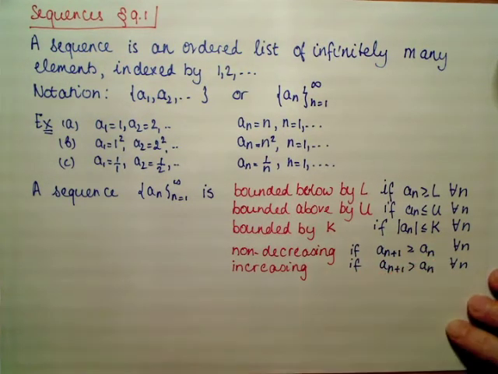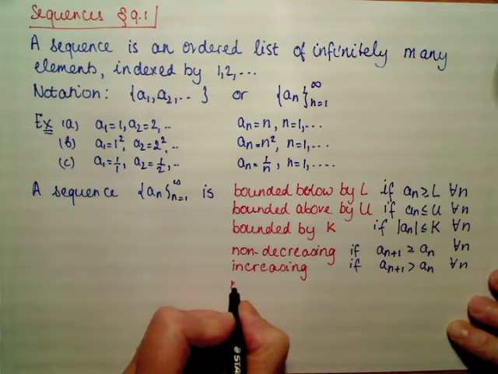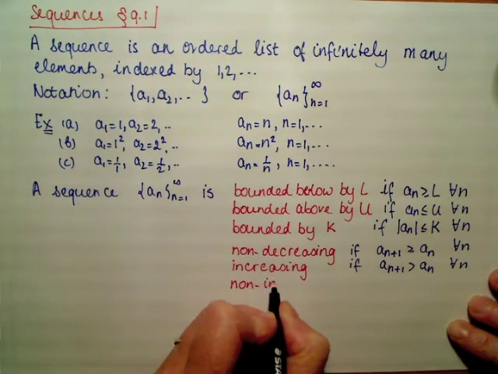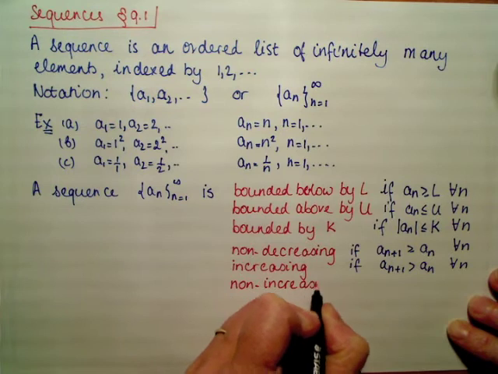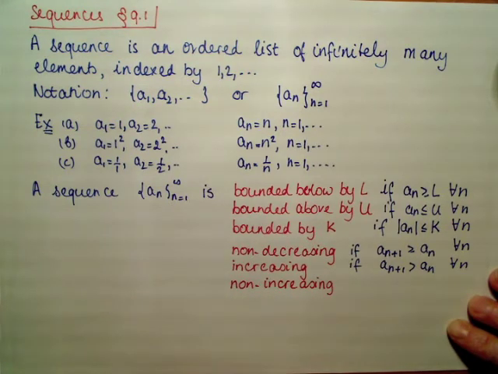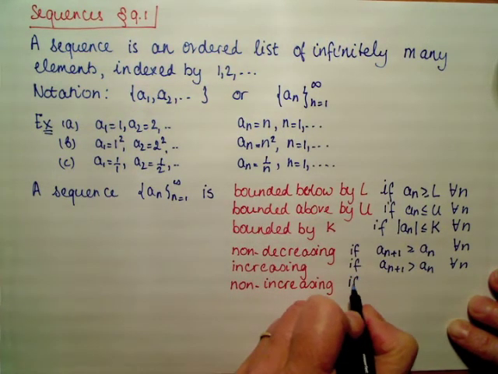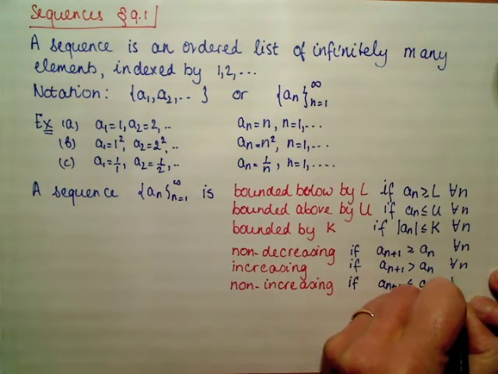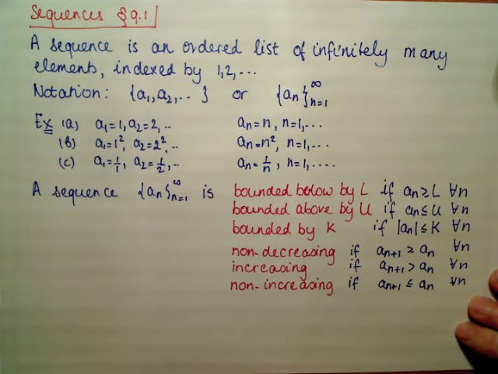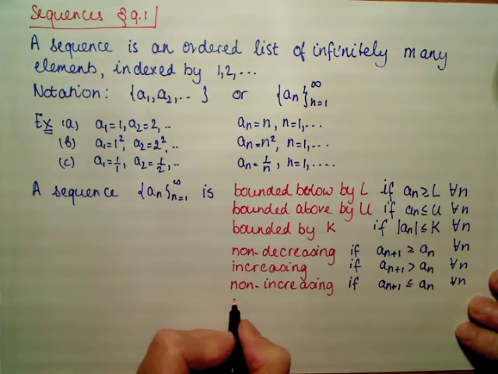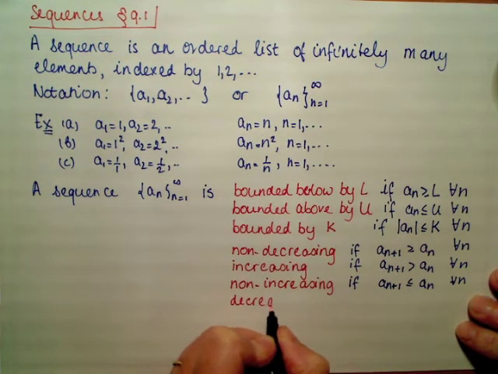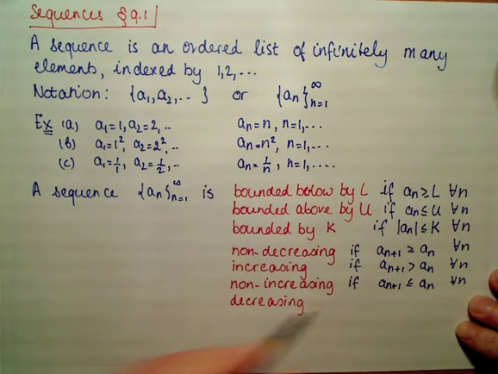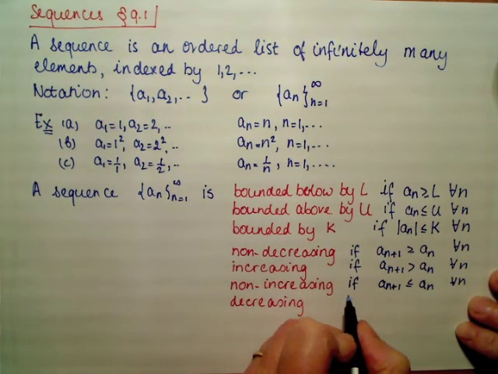It is non-increasing if every subsequent element from the sequence is not larger than the previous one. And it is decreasing if every subsequent element from the sequence is smaller than the previous one, strictly smaller.